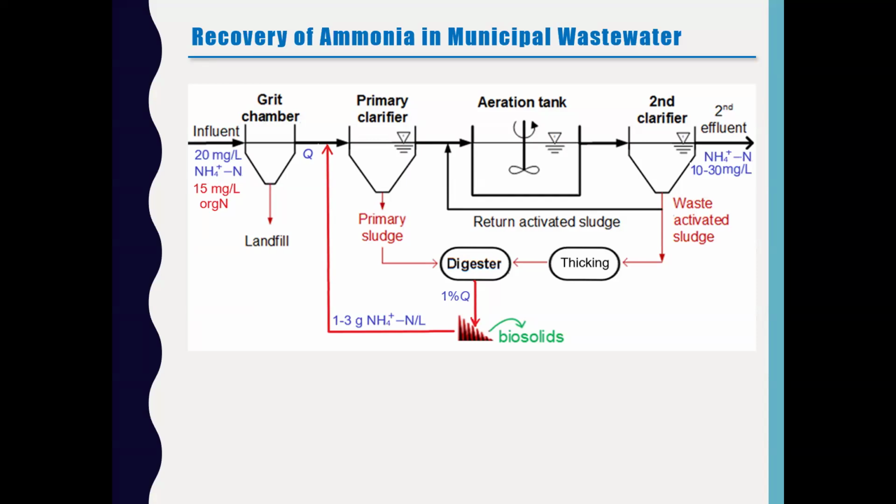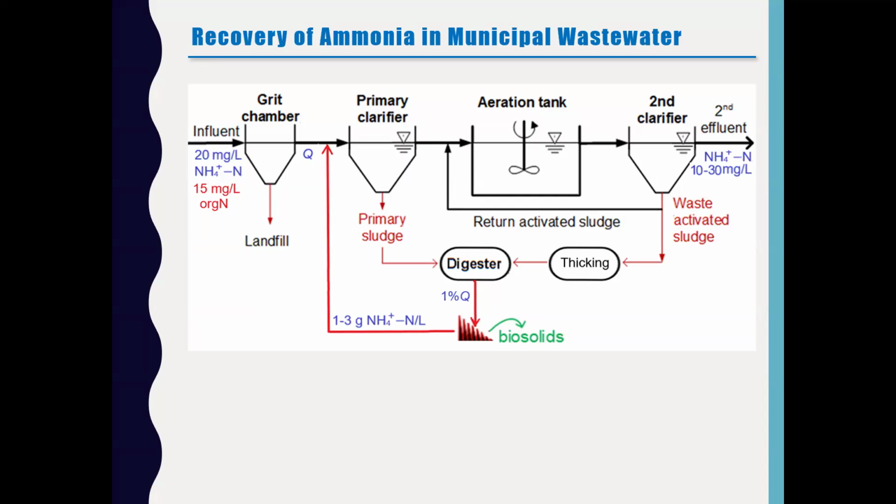Organic nitrogen is converted to ammonia in the secondary biological treatment, and ammonia is then assimilated into microbial biomass, that's sludge. When the sludge is thickened and anaerobically digested, organic nitrogen in microbial biomass is further converted to ammonia. After dewatering of the digested effluent, you dispose of biosolids, getting rid of organic nitrogen.